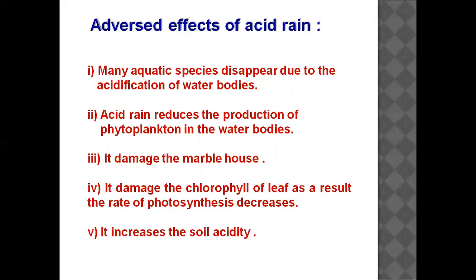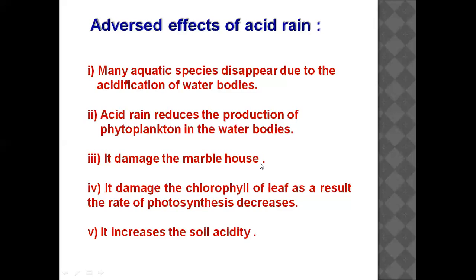But if the pH drops below the normal water level, then the species will not survive there due to the highly acidic nature of the water. Acid rain reduces the production of phytoplankton in the water bodies. It damages the marble houses.